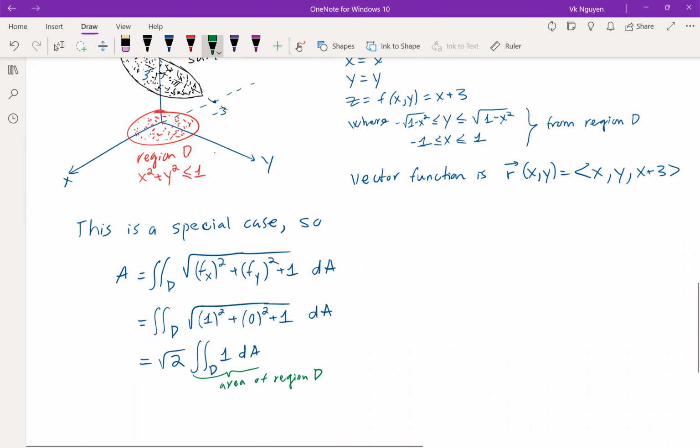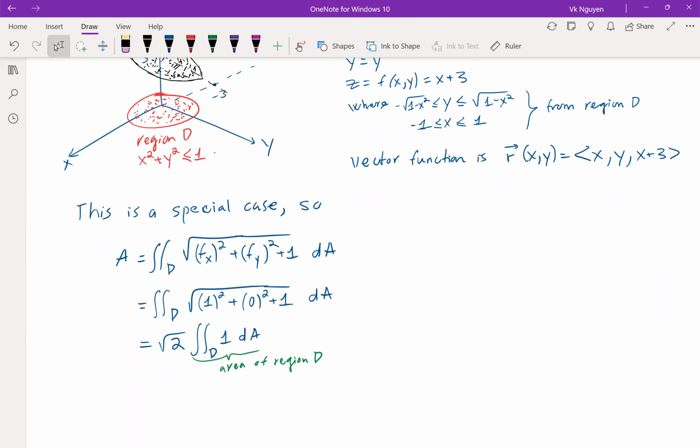Well, if you look at the region D here, it's the circle of radius 1.